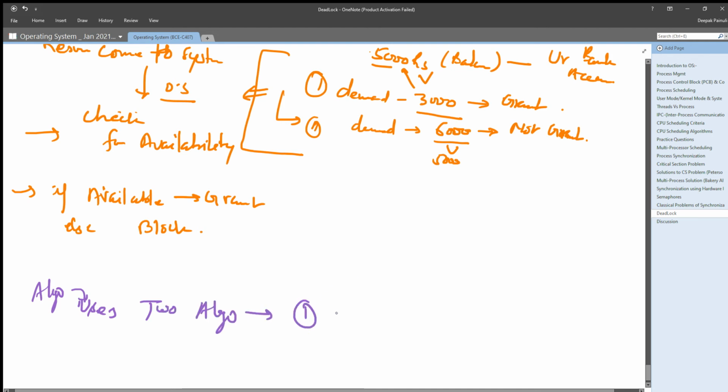One is the safety algorithm, and the second one is the resource request algorithm, right?